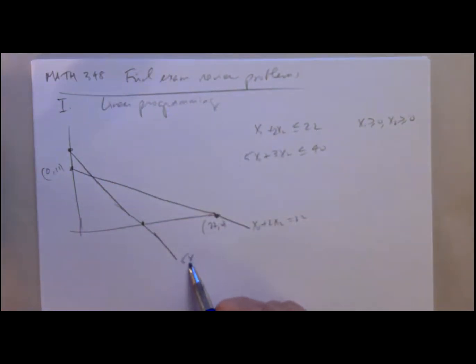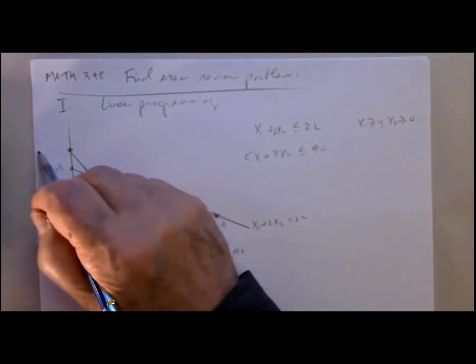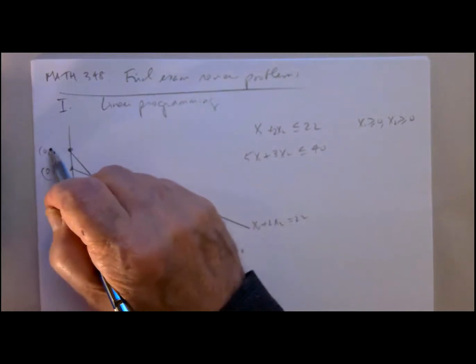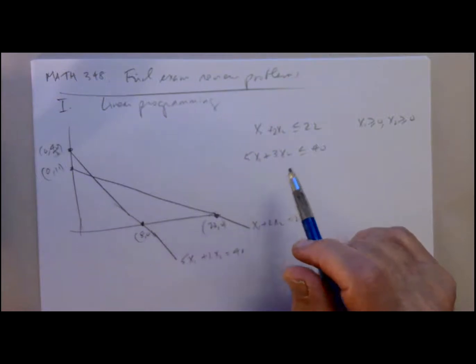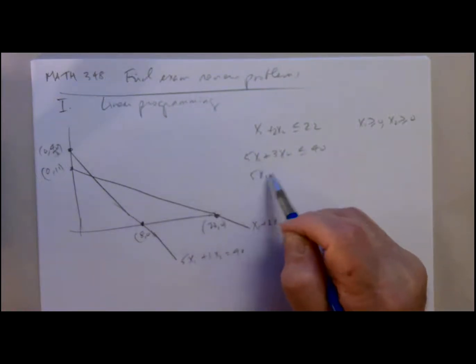This is the line 5x1 plus 3x2 equals 40. And this point on the x-axis is (8, 0). And this point on the y-axis is (0, 40/3).